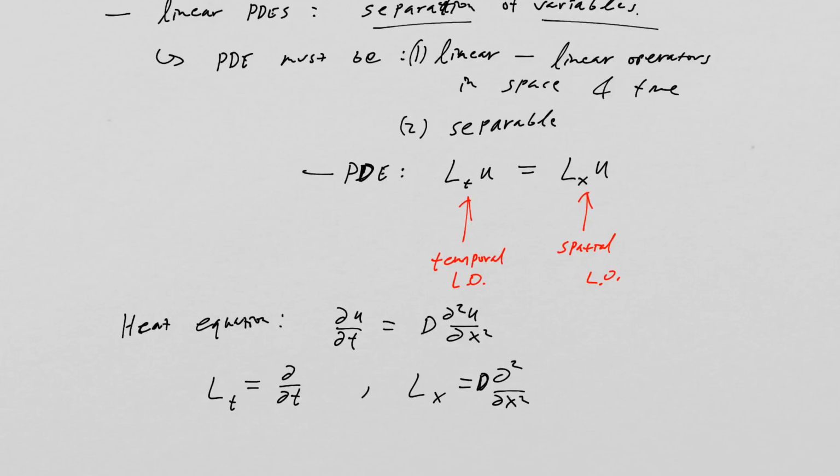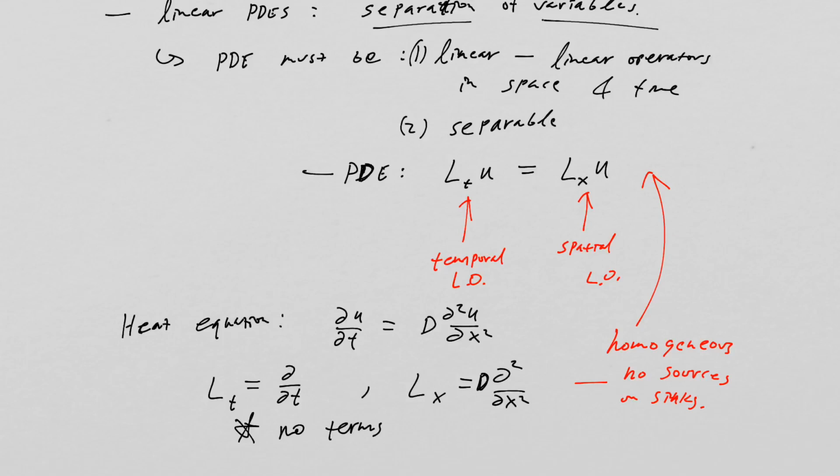Separability means, though, that what's really important here is that it's also homogeneous. So what we see here, there are no sources or sinks. We don't have any additional term, so basically there can be no terms that don't depend on u in a linear way.